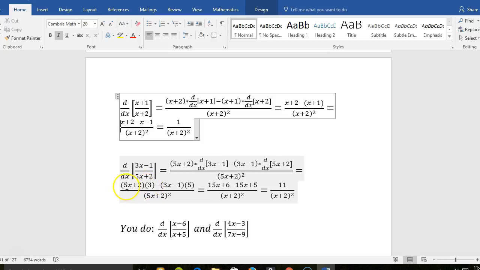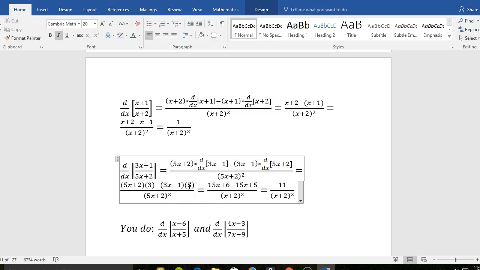And that 3 is going to distribute across 5x plus 2. And then this minus sign comes next. Okay, then our next step, the 3x minus 1. Now the derivative of 5x plus 2 is just 5, because the plus 2 gets killed, and the 5x, when you take the derivative, you get 5. So there's that, and then over low squared.